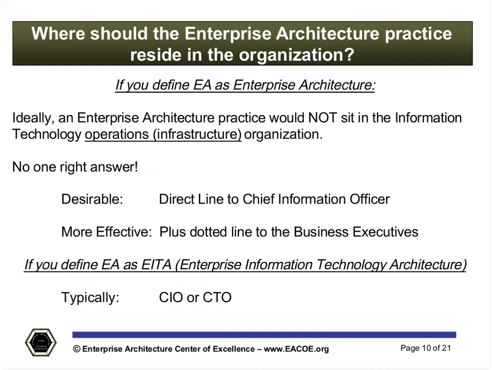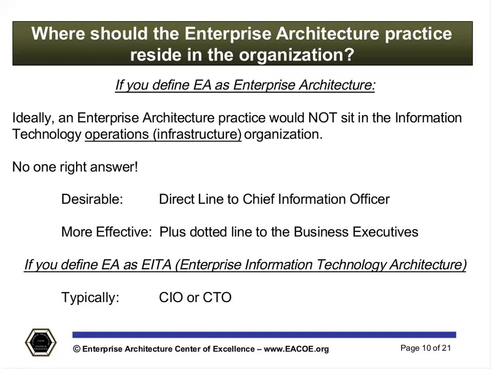Now, the analogy I use is that if you had the privilege, pleasure, or frustration of building a house, you went to a professional architecture firm. They don't own the stuff. They develop the stuff for you. You are the owner of this information. And therefore, as the owner of the information, you don't reside in the architectural office, so to speak. They are your supplier. They are your service group. You own the blueprints. You own the information that's there.